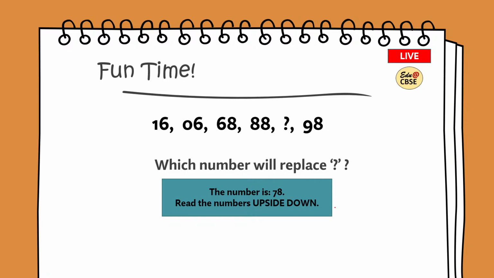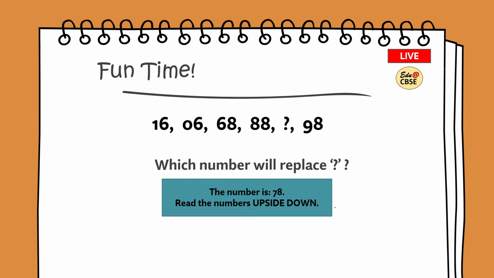Because you have to read the numbers upside down, it will be 87 only. Yes, you are correct. This is upside down, and when we turn it, it is going to be 87. So 87 is correct.